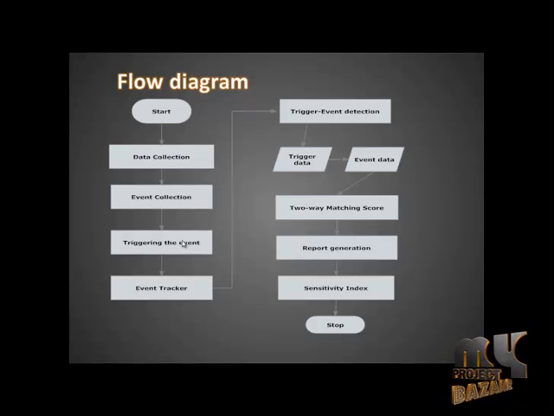Next, using the event tracker, we are going to perform each event. Next, going to the trigger event detection. In trigger event detection, we are going to get 2 kinds of data: first the trigger data and second the event data.